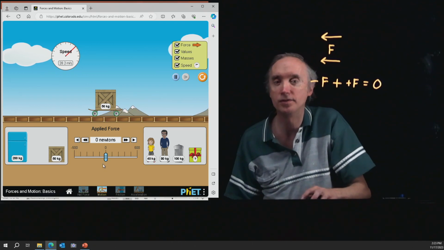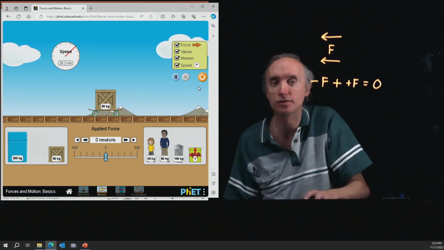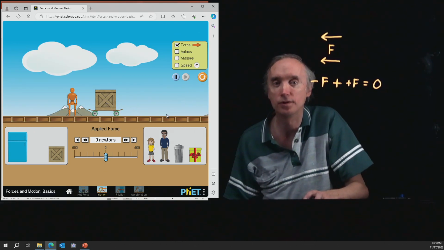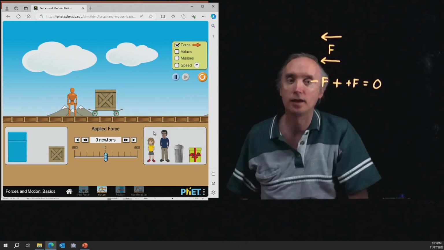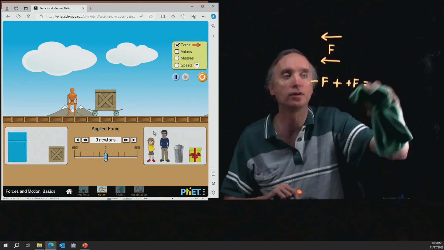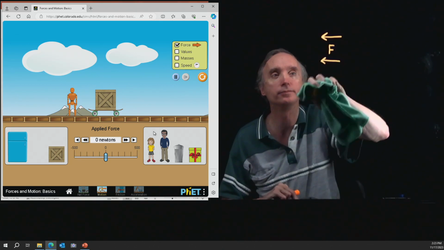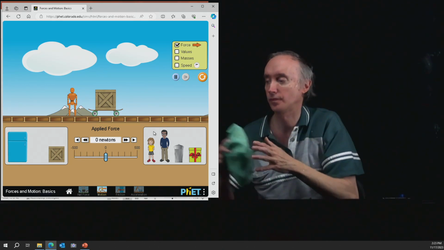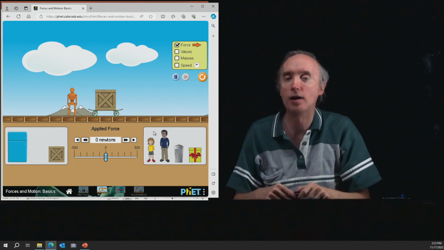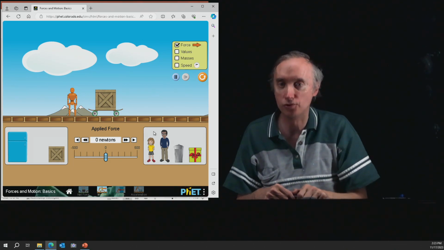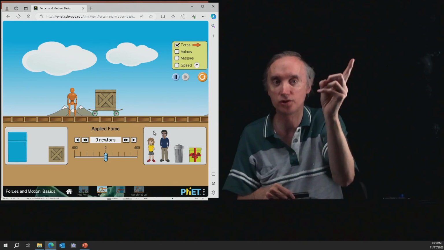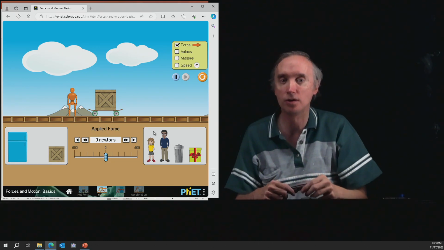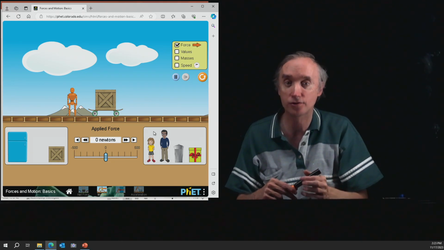All right, so based on those observations, now we can reset it again, and let's take a look at what this means. Okay, so how would you have described the motion if the speed was changing? That was called an acceleration.